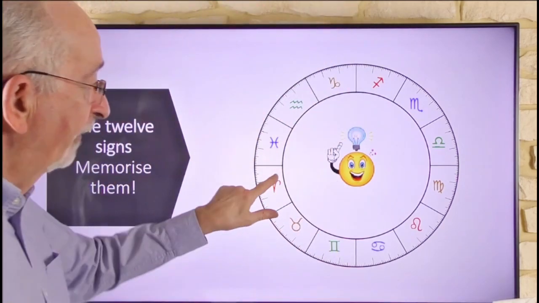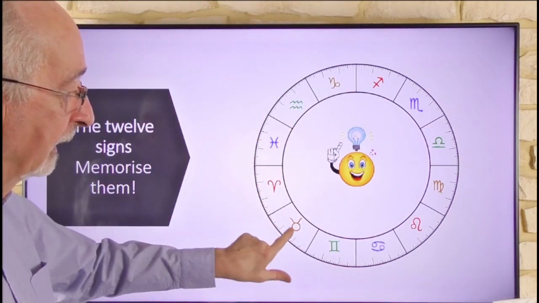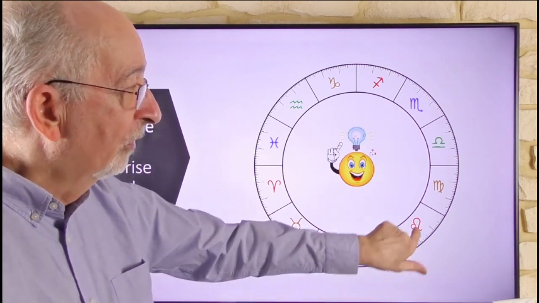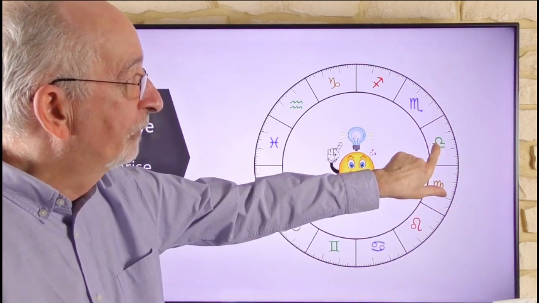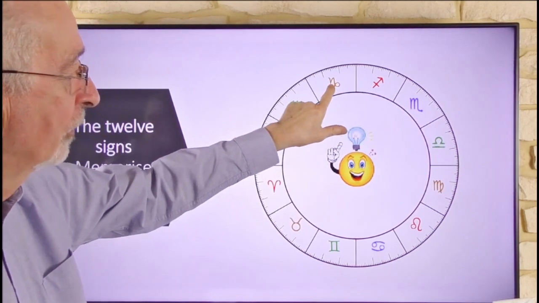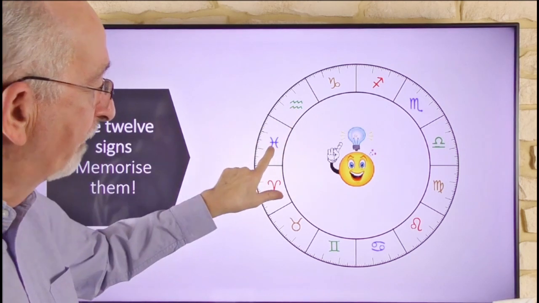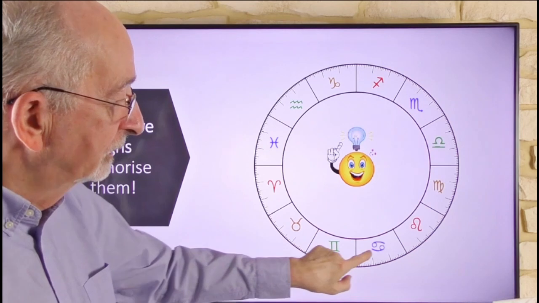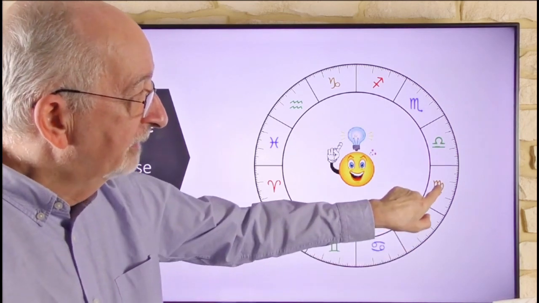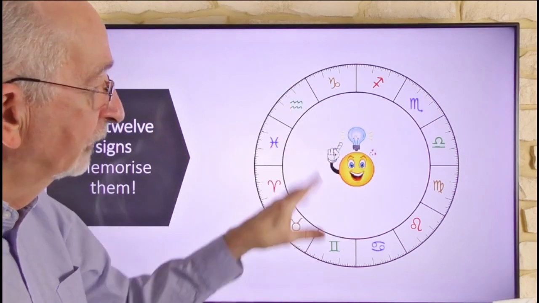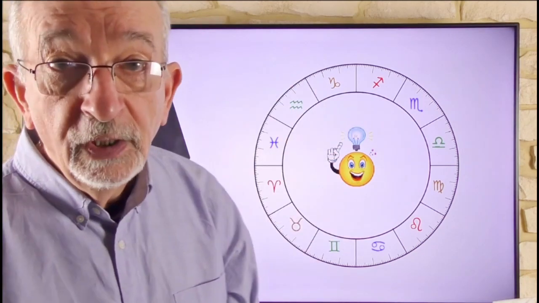So we have Aries here, then Taurus, Gemini, Cancer, Leo, Virgo, Libra, Scorpio, Sagittarius, Capricorn, Aquarius, and Pisces. Now, you need to get used to these symbols in order to recognize them in a chart or in literature.